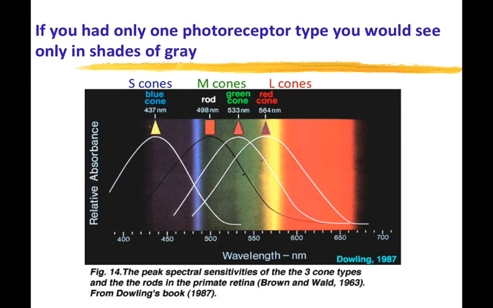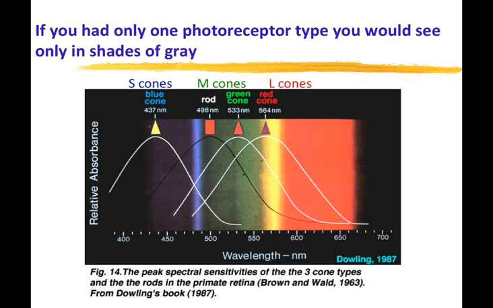Rods, right? So one other important difference between rods and cones is their sensitivity. So cones, in order to function, need a sufficient level of light, for example, a lamp or some sufficient level of light outside. Rods can work in much lower light illumination.